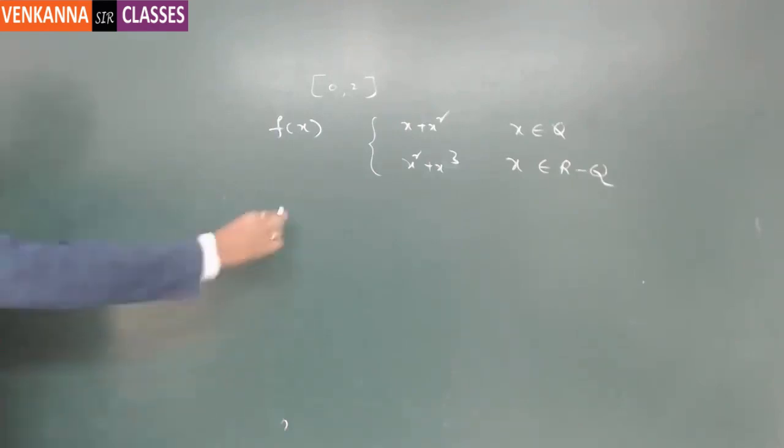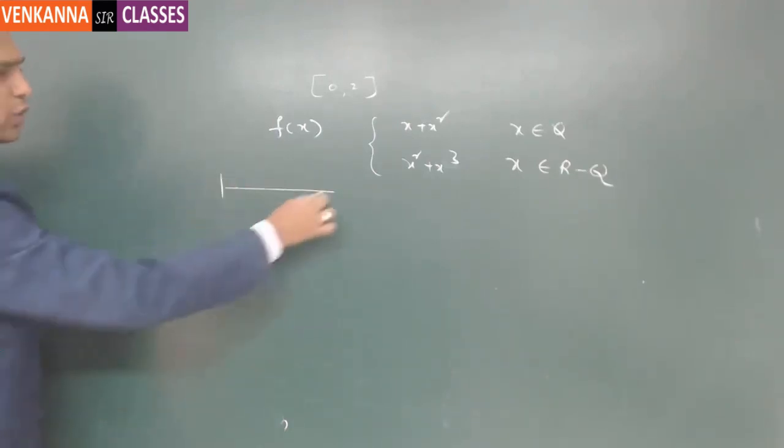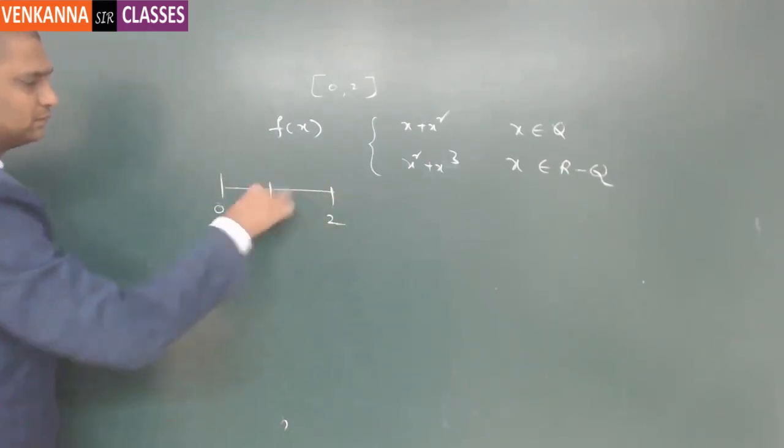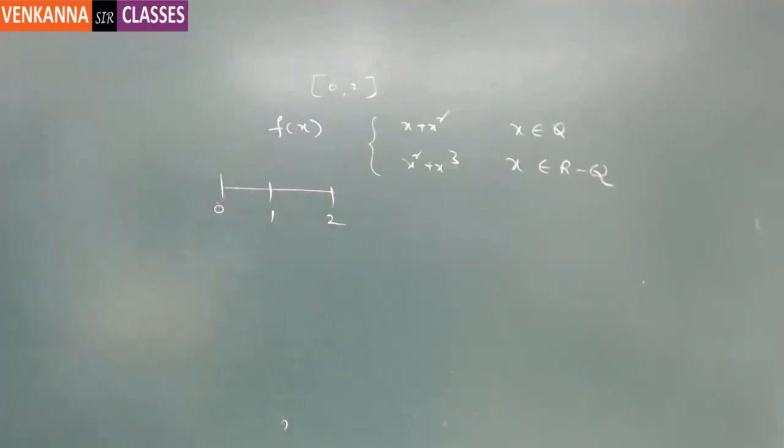Now what happens if you consider the closed interval 0, 2? You can take x between 0 and 1 and you can take x between 1 and 2. Why am I choosing like this? Because if you take x from 0 to 2, among x plus x square and x square plus x cube, which one is big and which one is small?